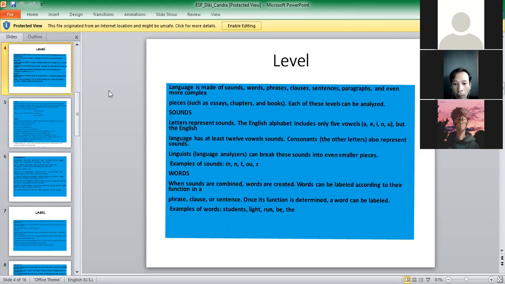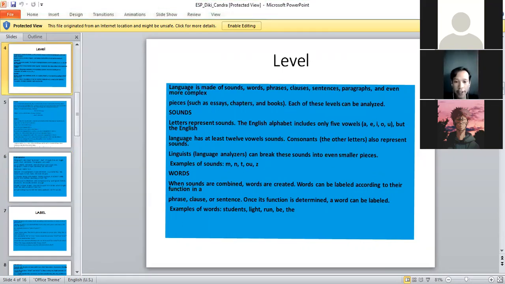Each of these levels can be analyzed. And then sound: letters represent sound. The English alphabet includes only 5 vowels: A, E, I, O, U. The language has at least 12 vowel sounds.